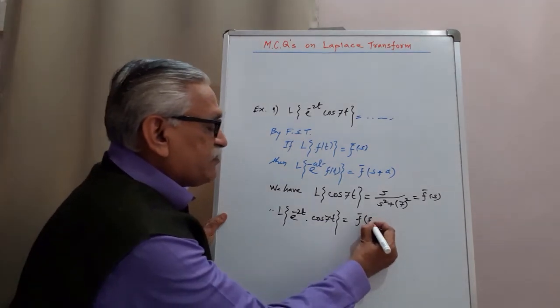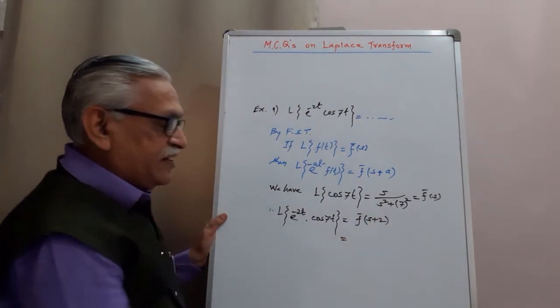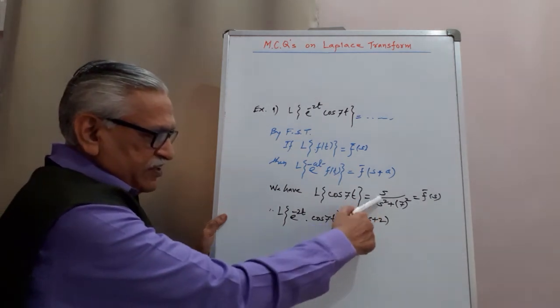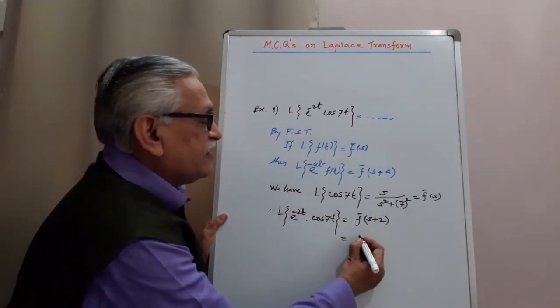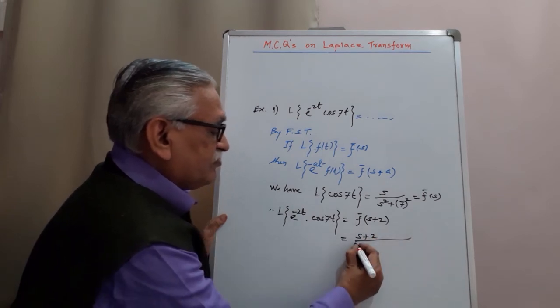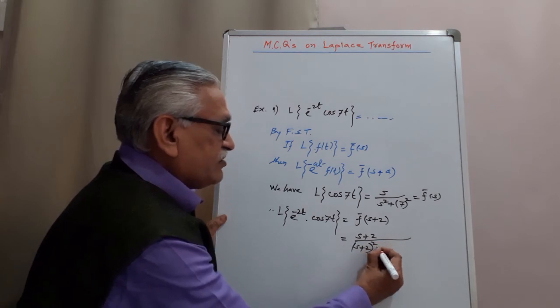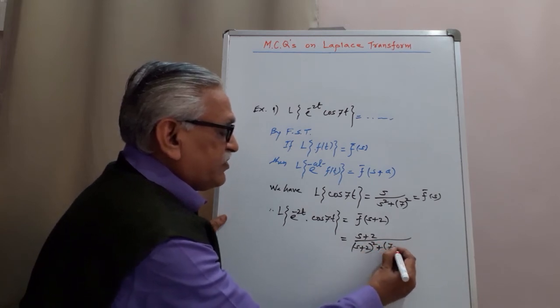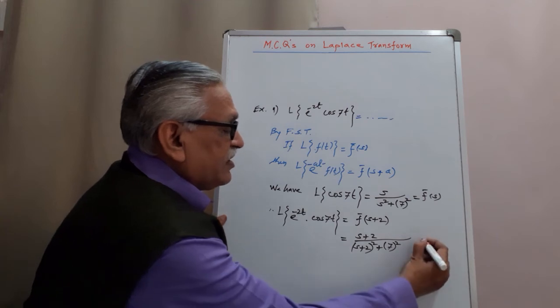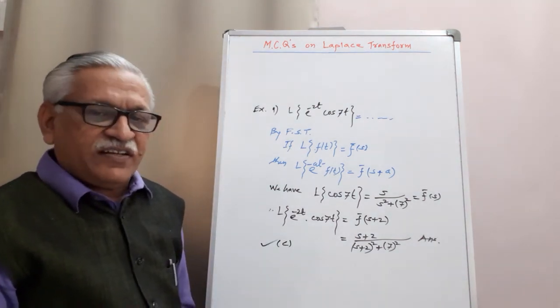Replacing s by s plus 2 everywhere in that result, we get s plus 2 upon s plus 2 whole square plus 7 square as the required answer. Option C is the right answer.